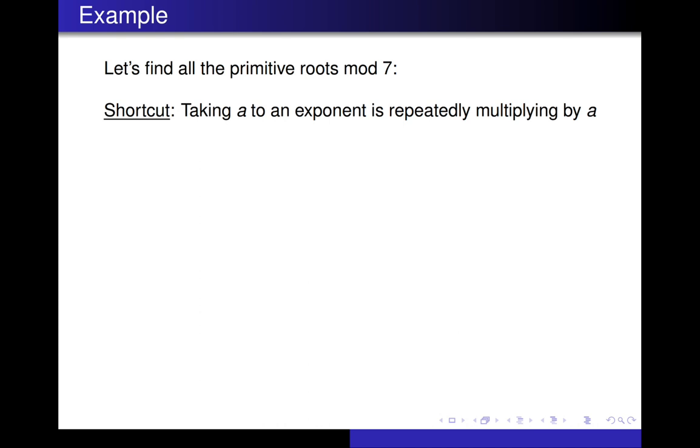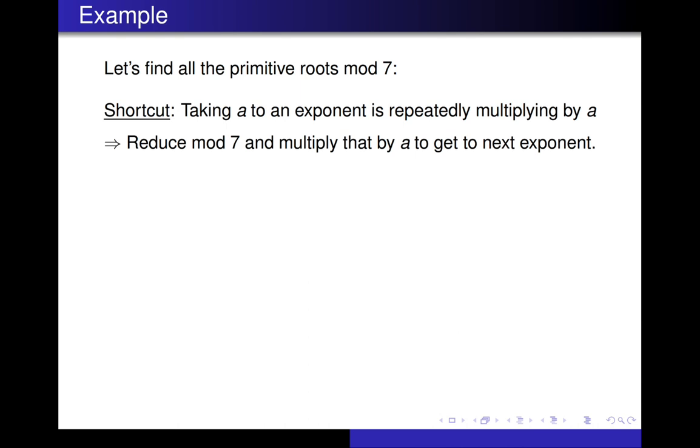Now, when I multiply by a whole bunch of times, it doesn't matter if I wait until the end to take my number mod 7, or if I take it intermediately. I could take any number mod 7 in the middle and then just multiply that by a, which is going to be a smaller number than the bigger number.